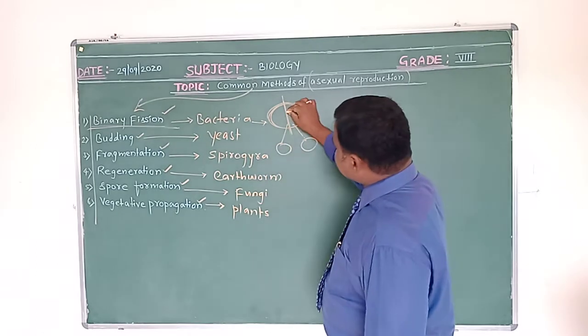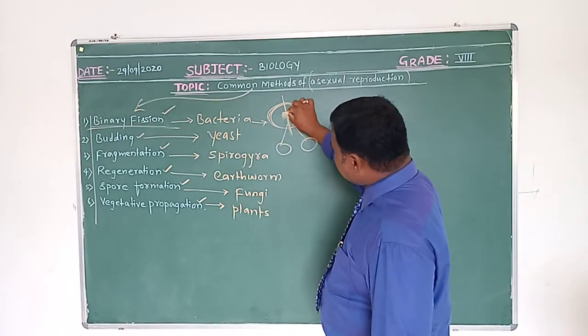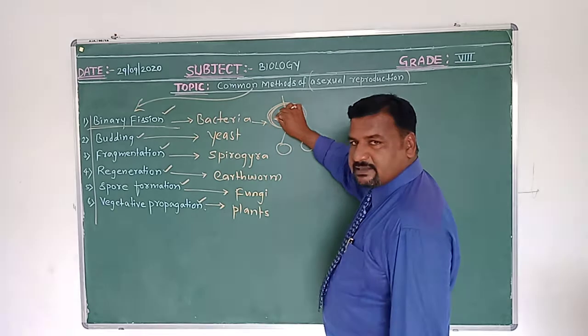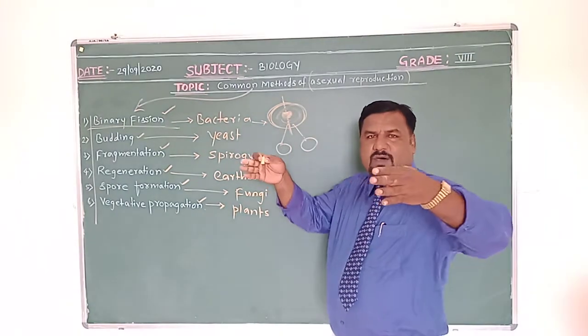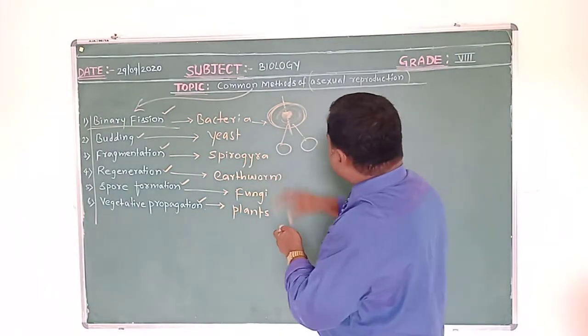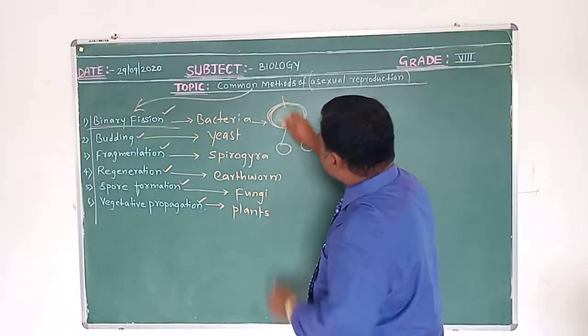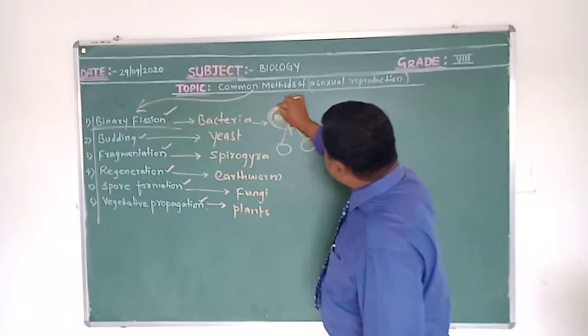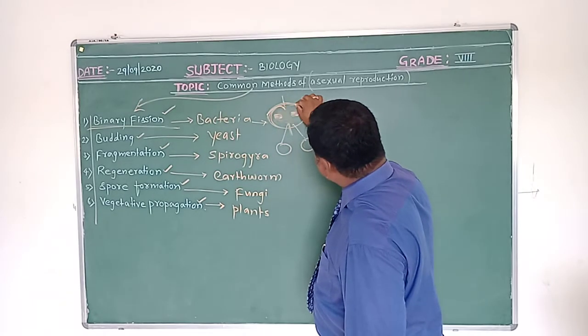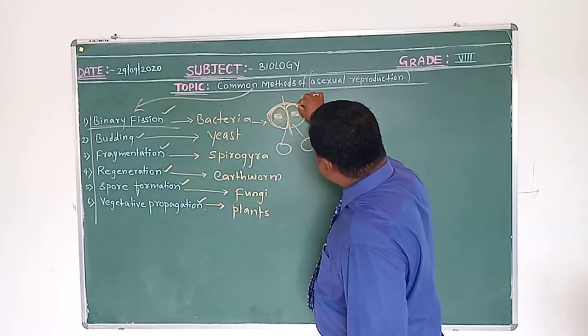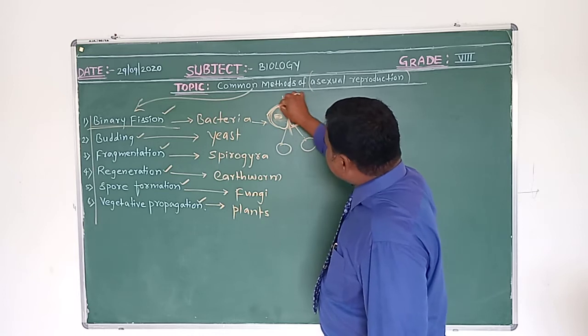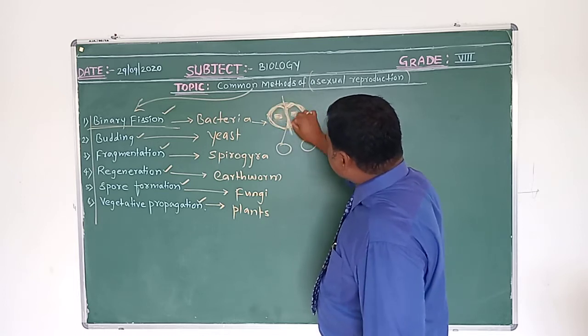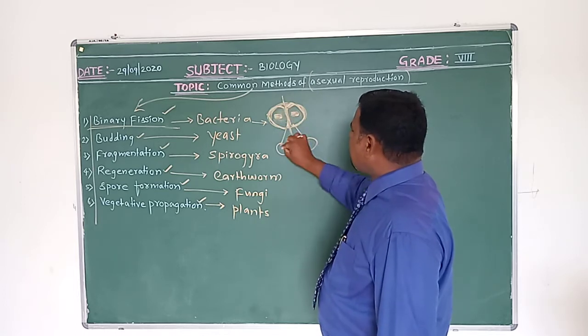The nuclear material present in the cytoplasm of the bacterial cell splits. There is a formation of a cytoplasmic bridge. When the cytoplasmic bridge forms, the nuclear material moves towards this end and the other end. Then the cell membrane comes across, and finally the one bacterial cell divides into two equal parts.